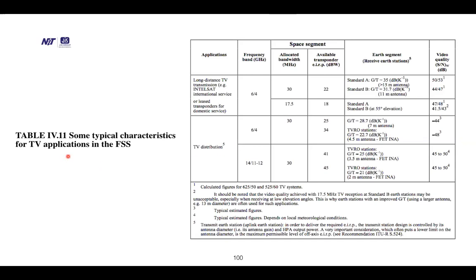FM television equipment is one of the very important modern-day topics. Satellite communication is totally merged with our commercial communication also. So TV transmission is one of the very important ones, and that is also merged over this, and some typical characteristics of TV application in satellite, with which the earth station is associated, are given over there.